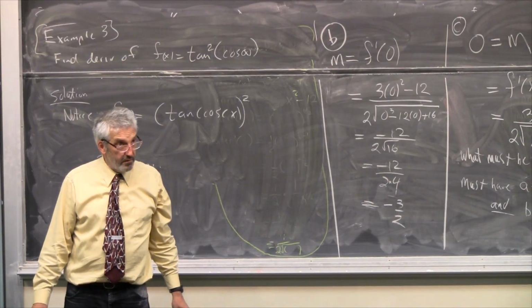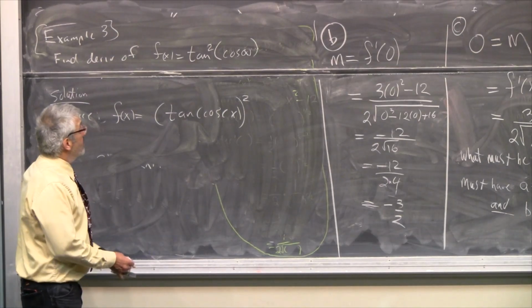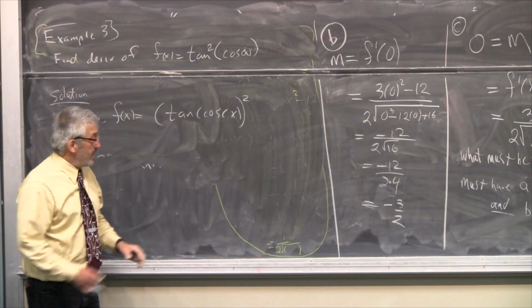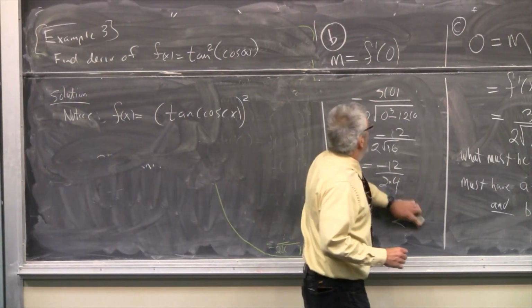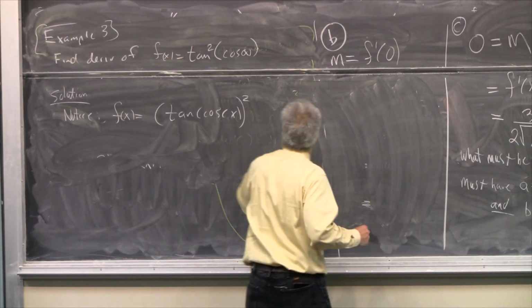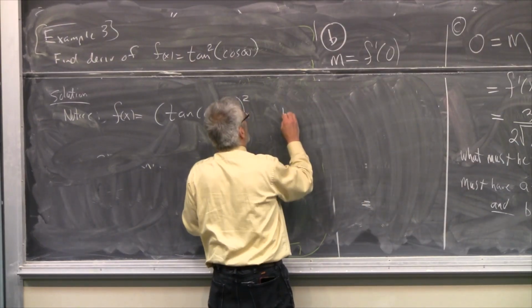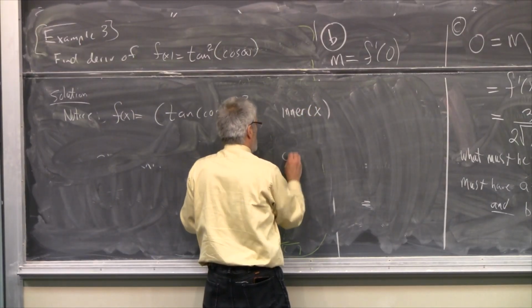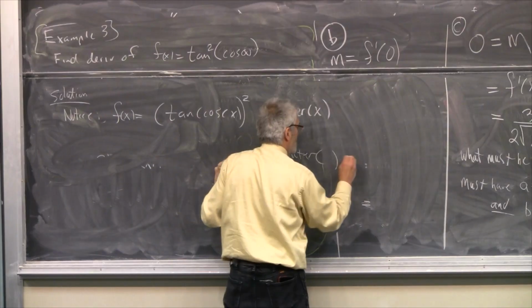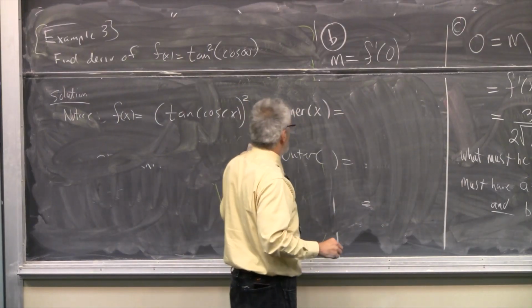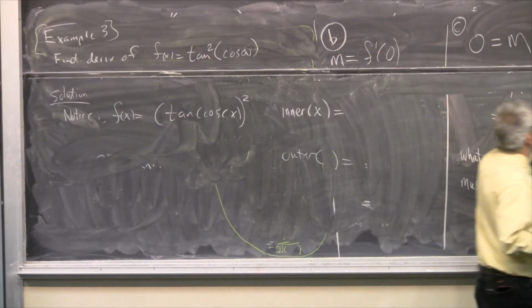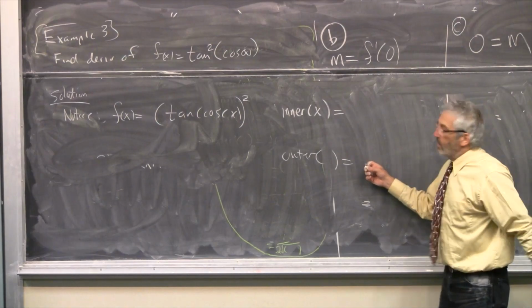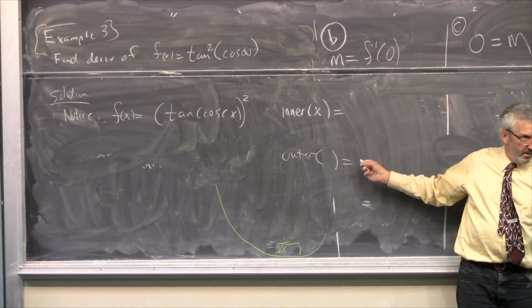So when you go to use the chain rule, what's the outer function going to be? All right, so this is like Shrek and the onions, right?